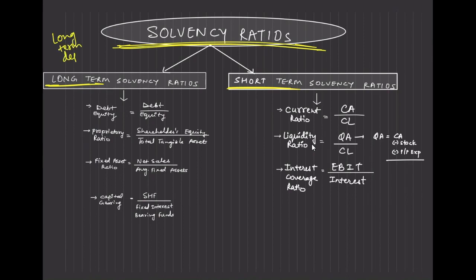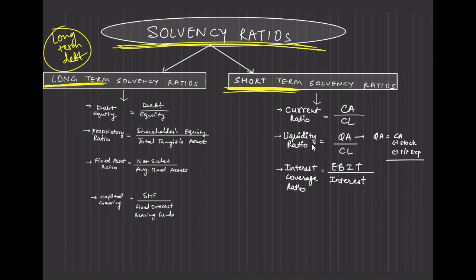Sir, who are my long term debts? Obviously the bank loan which you have taken. So how much money you have taken as loan from the banks, how much capital you have employed by yourself. So this is the comparison of your long-term solvency.